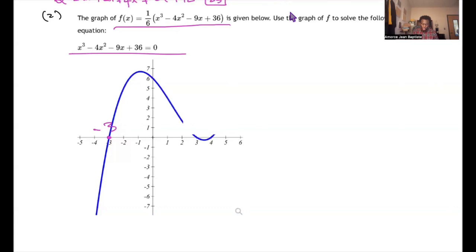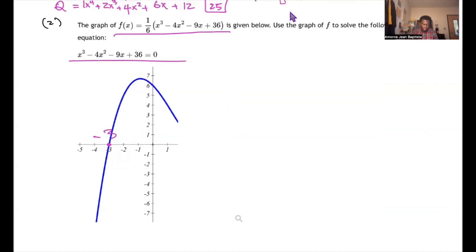They could give you that, and then say, solve this equation.